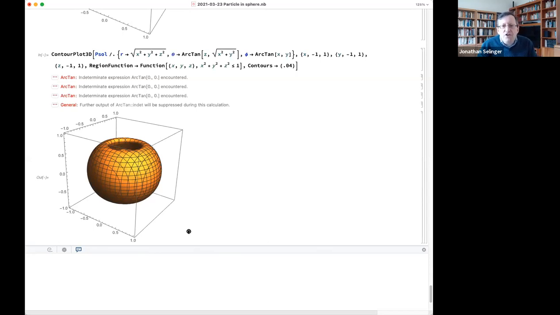These are orbitals for a particle in a sphere. It's not an electron feeling a Coulomb attraction to a proton. It's instead an electron that's confined inside the hard walls of a sphere. But it's still the same idea of orbitals.